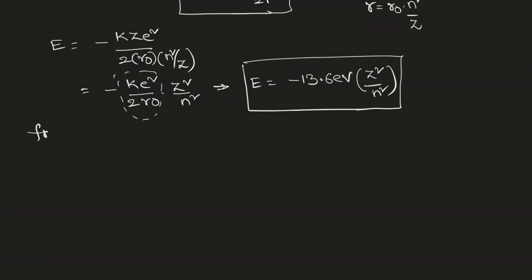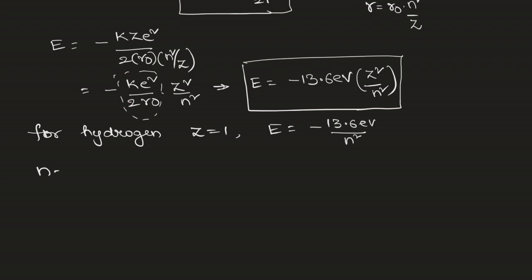For hydrogen, Z is equal to 1, so that energy will be equal to minus 13.6 electron volts by n square. If n is equal to 1, we call that the ground state or first quantum state.